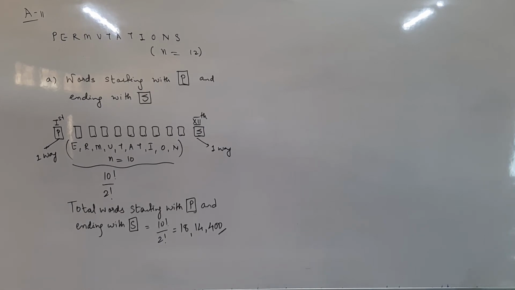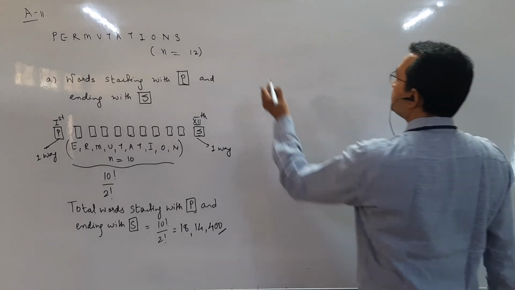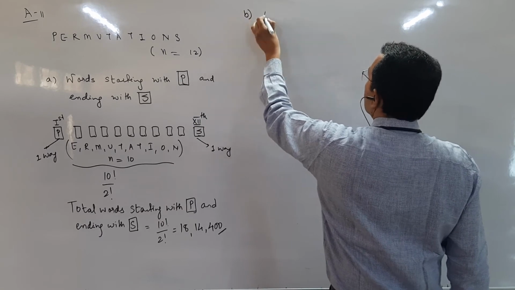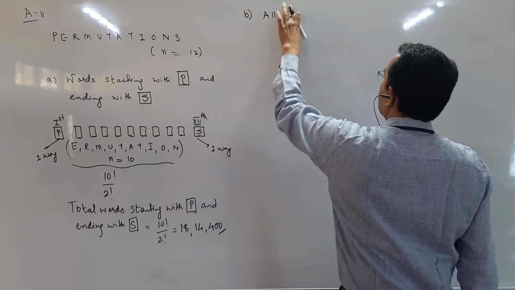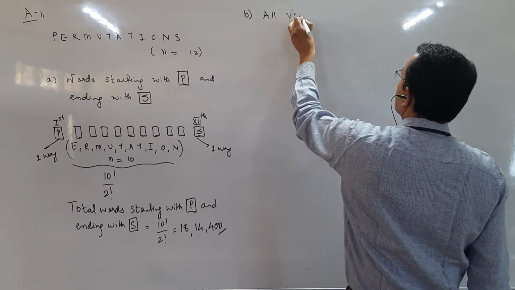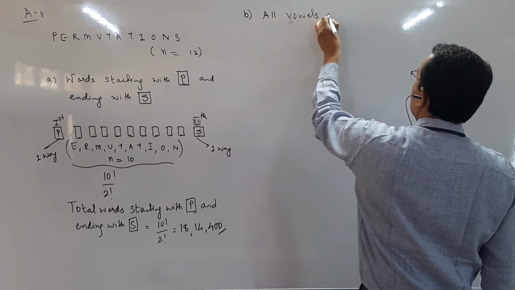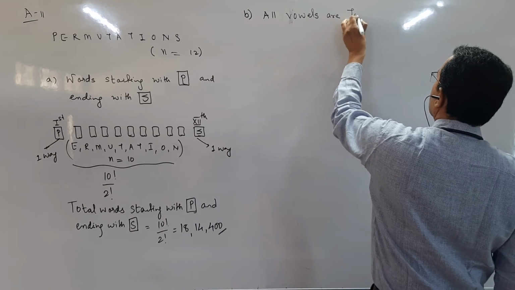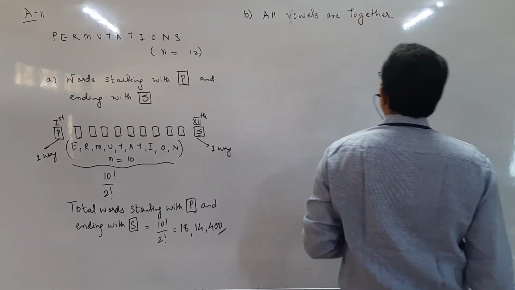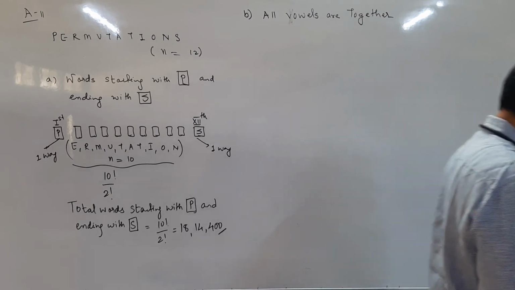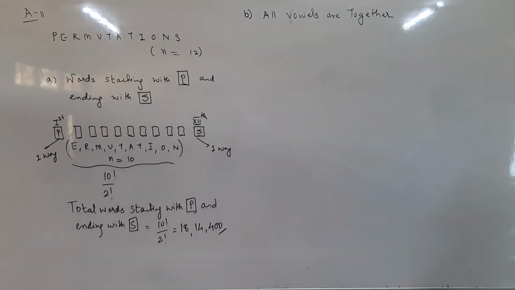Then all vowels are together, part B. Now count how many vowels we have.